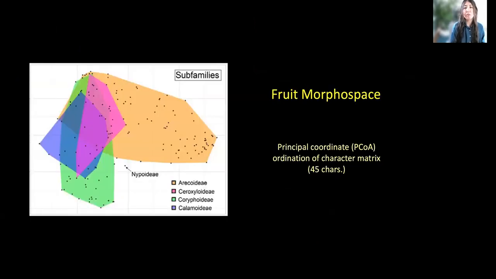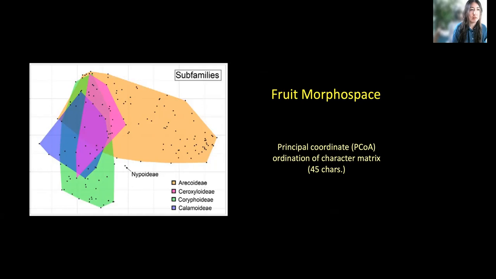All right, so let's look briefly at the fruit data. This is a morphospace plot, which is essentially an ordination based on a principal coordinate analysis of our matrix of fruit characters. When we look at this plot divided by subfamilies, we see there's a lot of overlap between the subfamilies, with Ericoideae being an exception.